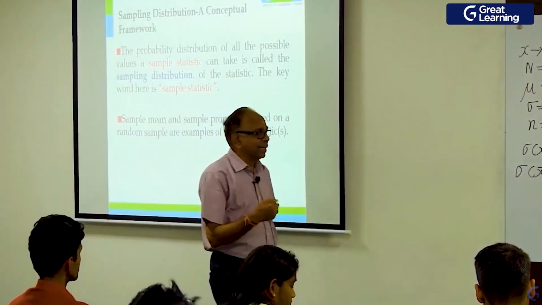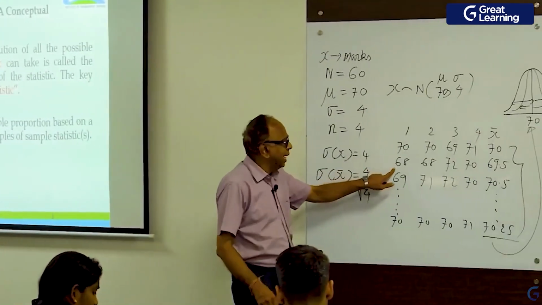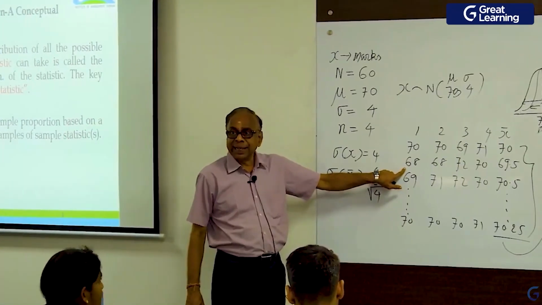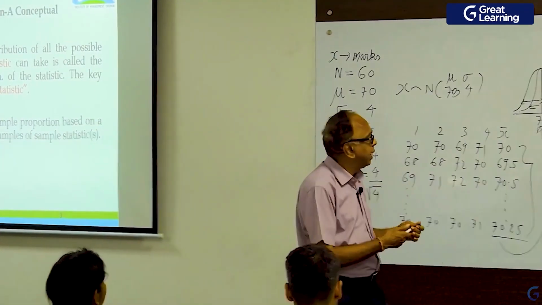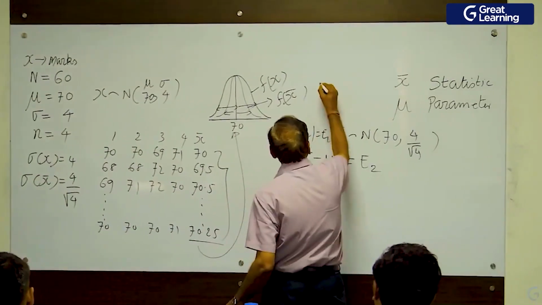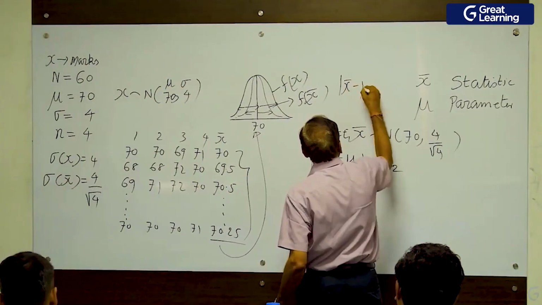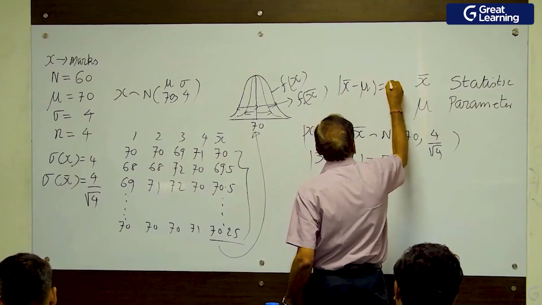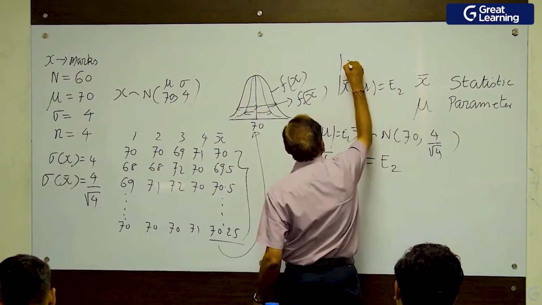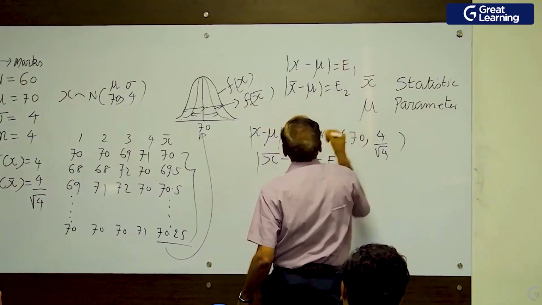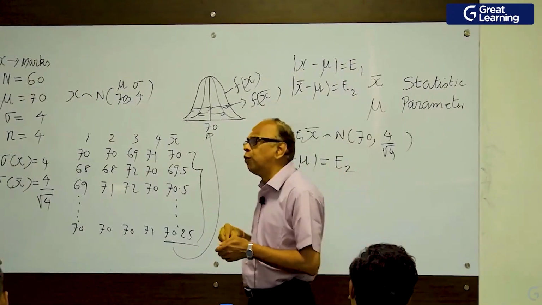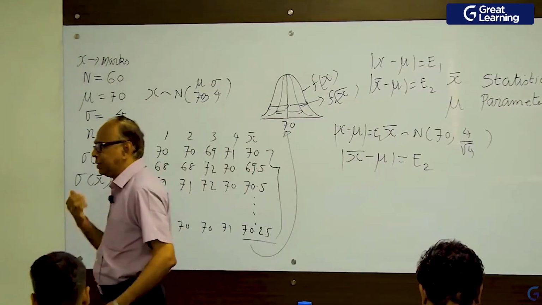When I take a single observation here, it is 68. What is the error? 68 minus 70. In other words, the error in the sampling distribution is modulus of x bar minus mu, which is E2, and modulus of x minus mu in the original is E1, because I am subtracting mu from x. I have not done an estimation.